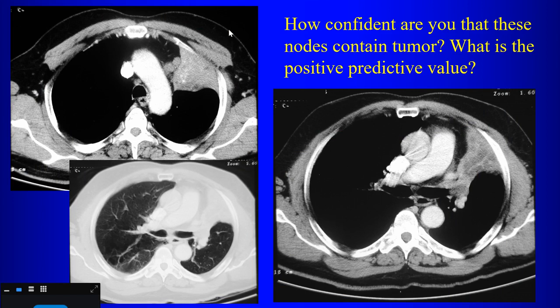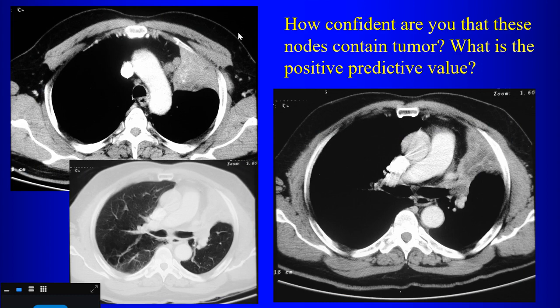Lymph nodes. So on CT, we describe lymph nodes based on the size. So here, this is a lymph node bigger than a centimeter there in the mediastinum. What am I pointing to here? What's that big opacity here? Is that atelectasis? Yeah, so that's atelectasis.